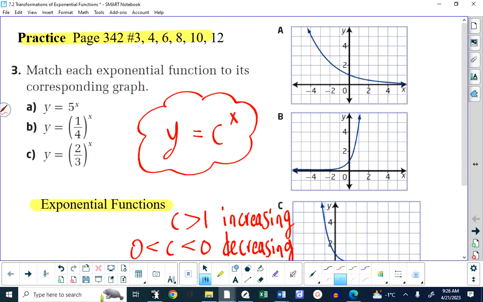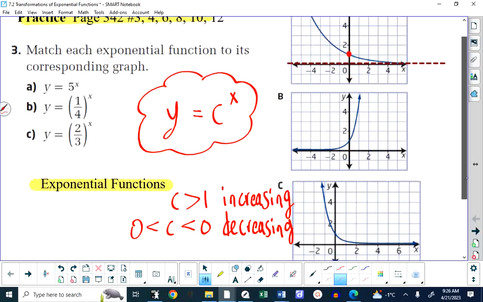Any of these graphs that fall into this category, and all of the equations in number 3 do, will all have a horizontal asymptote on the x-axis, and they will all have a y-intercept of 1.